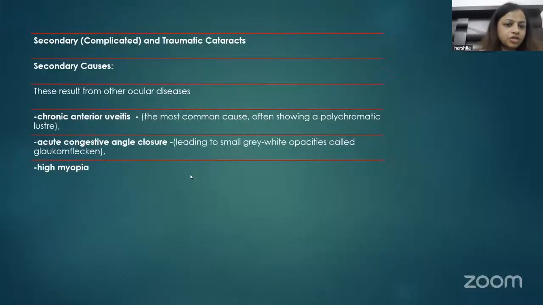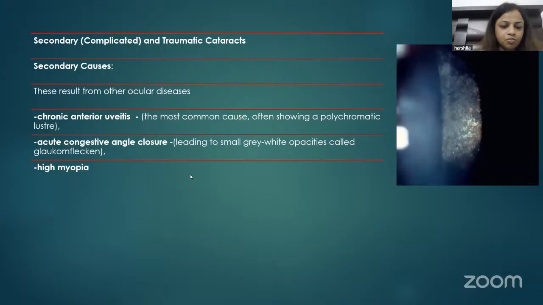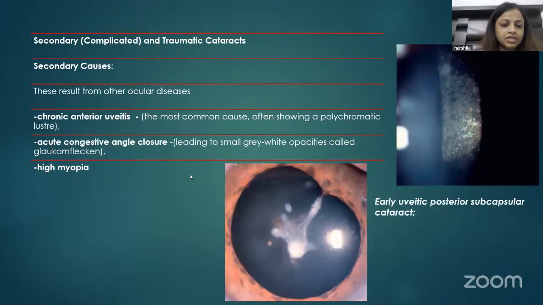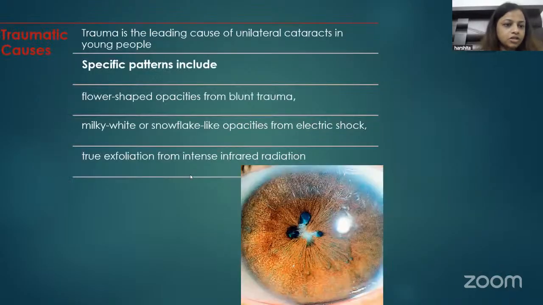Secondary cataract, as we discussed, is secondary to other causes like chronic anterior uveitis, acute congestive angle closure, and high myopia. So this is the posterior subcapsular cataract due to early uveitis. Then this is the uveitic anterior plaque opacification. Some of the other causes are due to trauma.